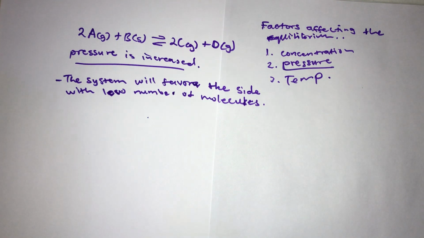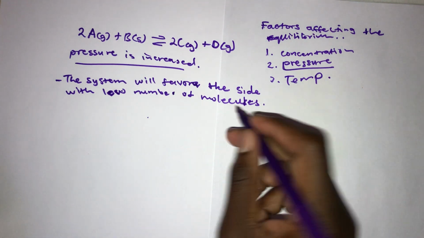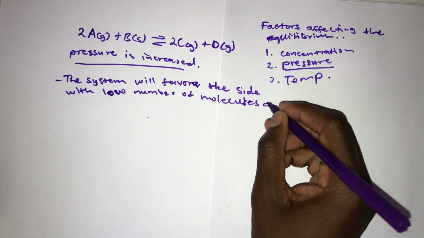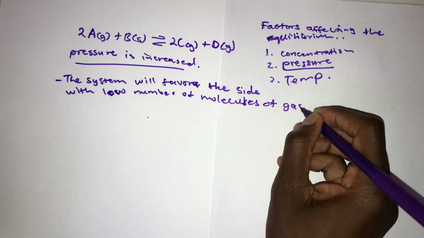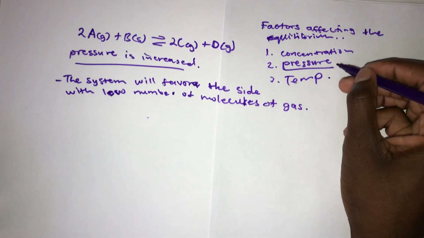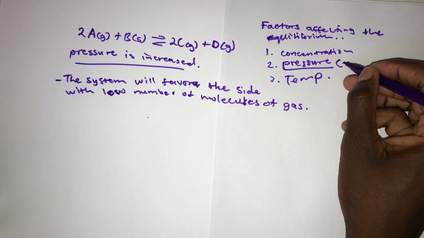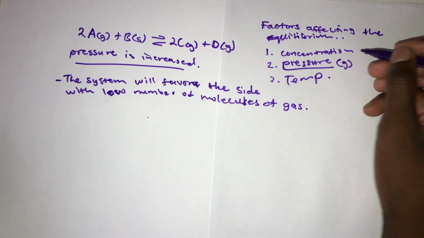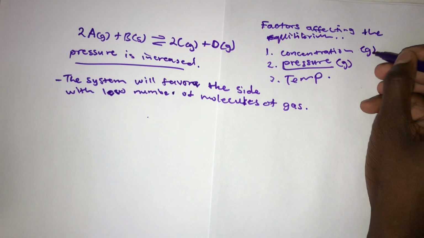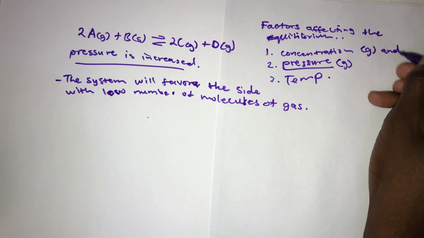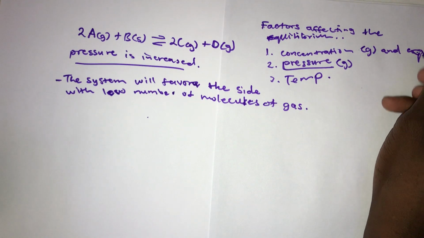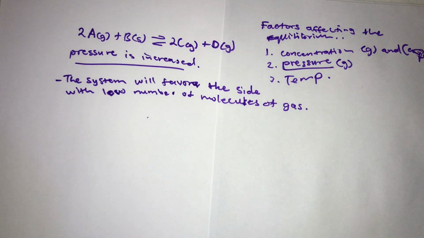After saying that, number of molecules of gas, let me be specific, because we're talking about gases. Pressure only affects the gases, and concentration is gases and aqueous. So for pressure, it's only gases.